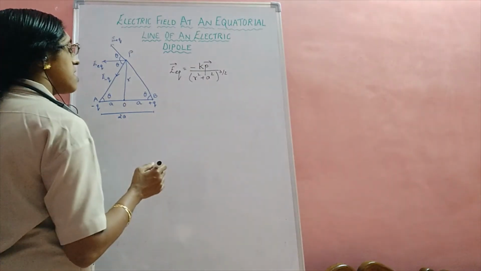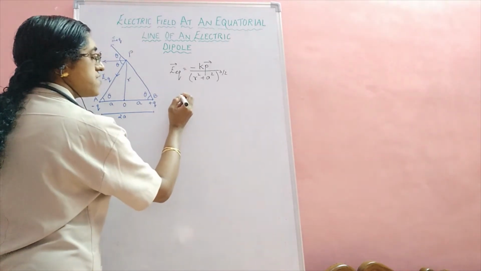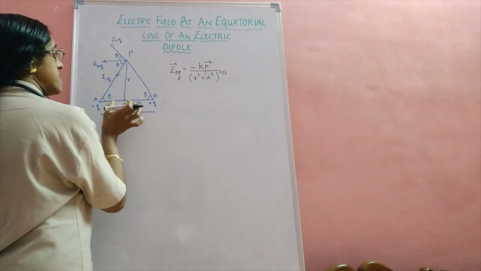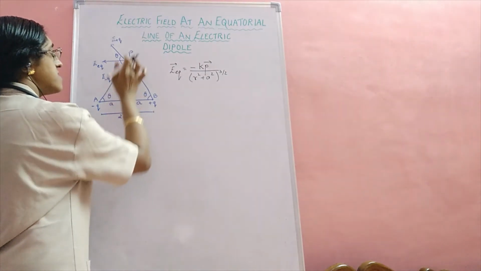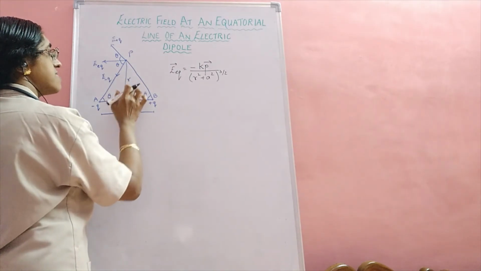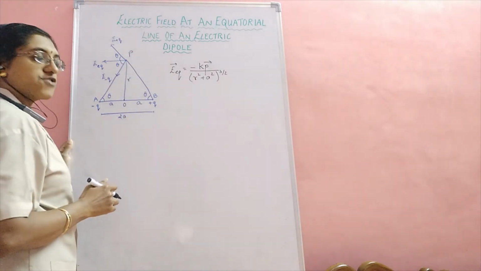Now, as in the previous derivation we had done, the distance between the two charges is much lesser than the distance at which we are finding the electric field.